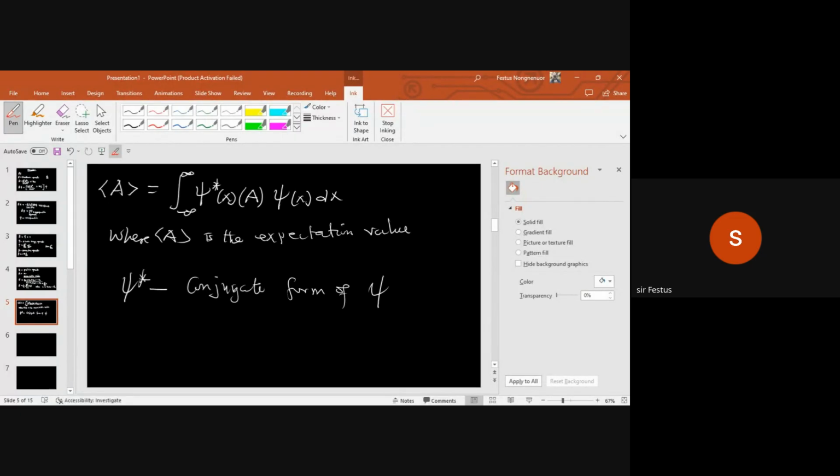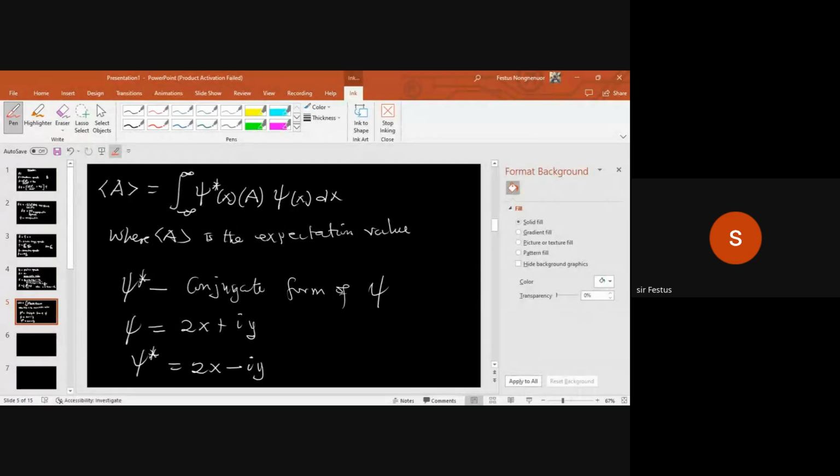So let's say if your psi is equal to maybe 2x plus iy, then for you to get the psi conjugate, which is a complex conjugate, this one will be equal to 2x minus iy. That is how you get the complex conjugate form.